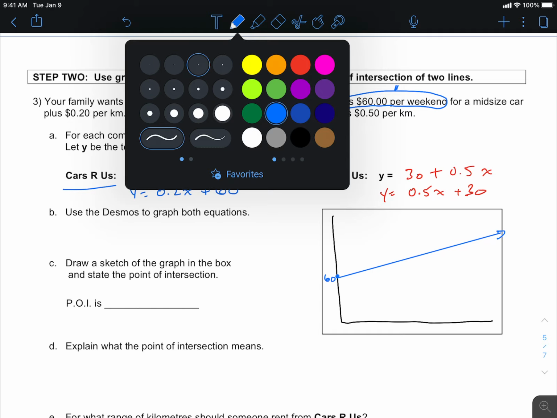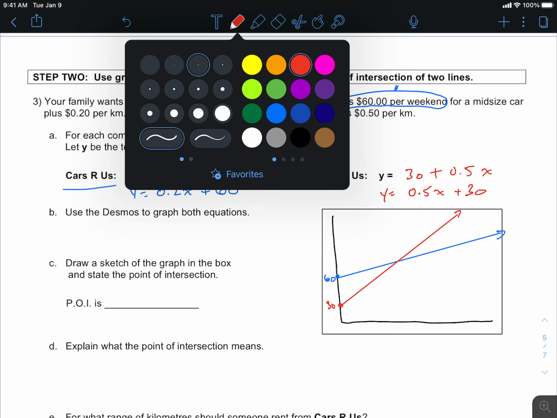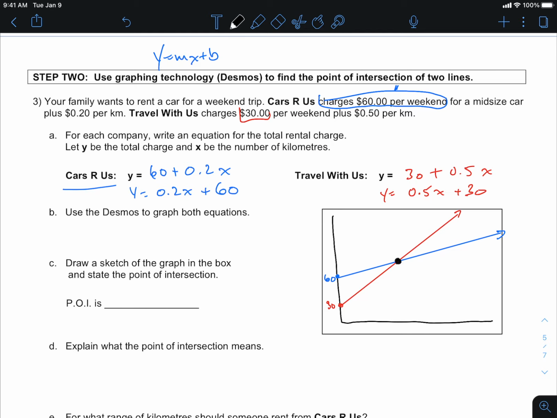And then the Travel with Us line looks something like this. They start at 30, but they're a little steeper, maybe not that steep. And right here in the middle, they cross. This is the point of intersection.